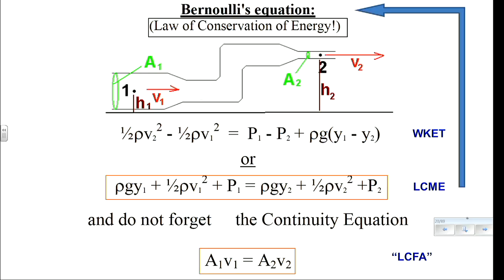Again, it's just a straightforward law of conservation of mechanical energy written for 1 cubic meter of liquid. That's gravitational potential energy. That's kinetic energy. That's force acting on 1 meter squared. And this sum remains the same. So now we have two equations we can apply to describe an ideal fluid traveling through pipes.